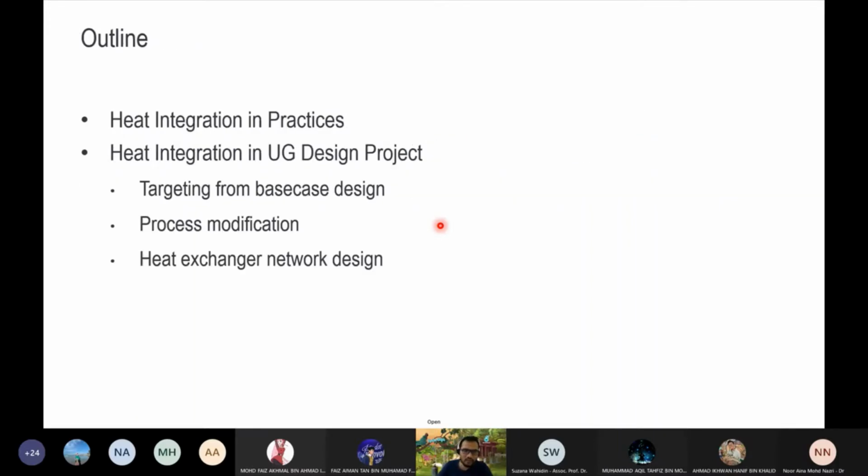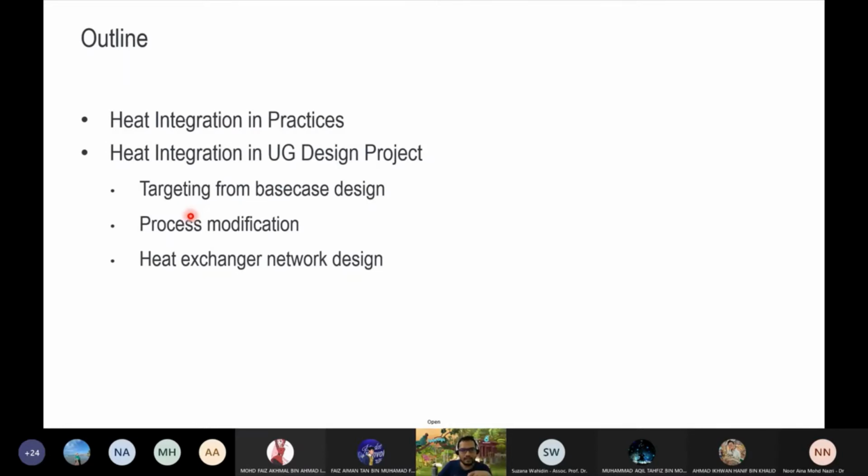The outline is that I will share 3 of my past heat integration projects, and then how to apply this in a typical undergraduate design project. We need to do some targeting from the base case design, which means we have to have a base case design first. Then we do the energy targeting: how much is the minimum energy that we can achieve from the thermodynamic standpoint.